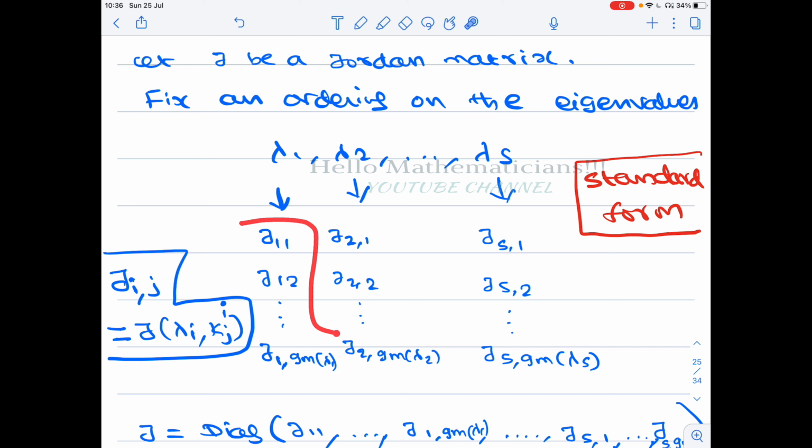So this many blocks will be there in the Jordan matrix J. We don't need to know where these blocks are present, because the position doesn't matter, since they are going to be similar matrices. Again, for lambda 2, we have J(2,1), J(2,2), up to J(2, geometric multiplicity of lambda 2). These many blocks will be there in the matrix J. Similarly for the s-th eigenvalue.